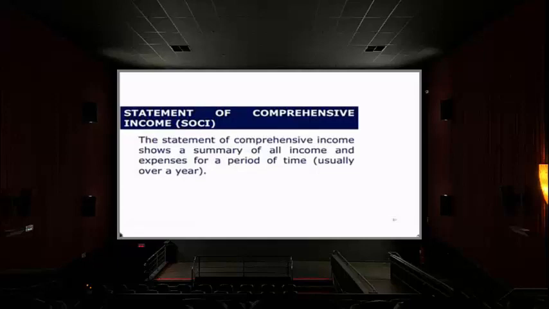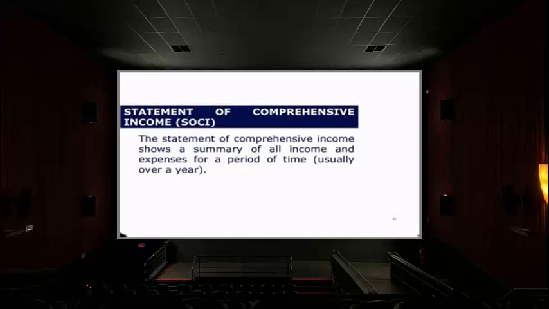Right, so, statement of comprehensive income then. The purpose of a statement of comprehensive income is to show all the income and expenses of an entity over a period of time. Now, what we need to think about here is that a business ultimately wants to make a profit, and the statement of comprehensive income is going to show whether that company or that business has made a profit or a loss in the year.